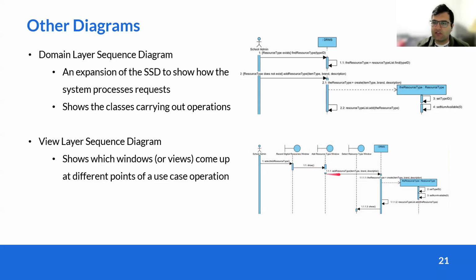And then this button is clicked, and it shows you this thing, and then these operations are carried out. But that's maybe for a more advanced level in the future. For now you just need to know activity diagram, use case diagram, class diagram, and system sequence diagram, and then of course interface designs.